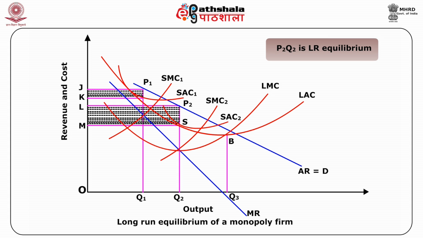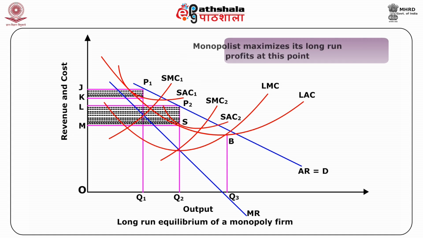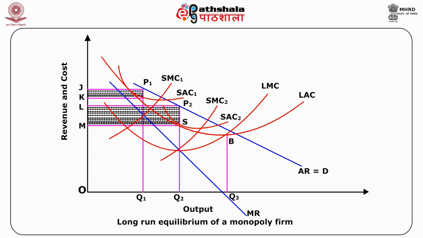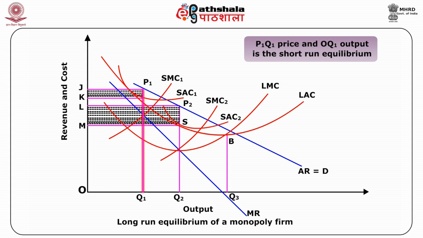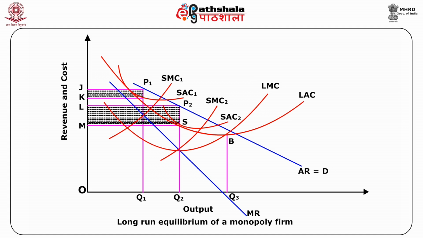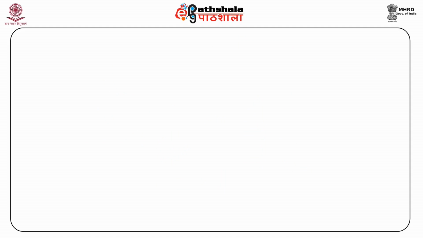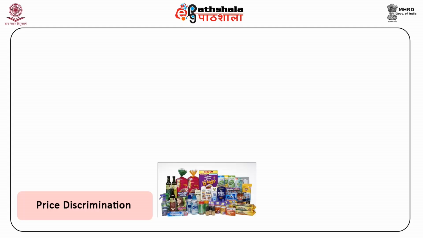P2Q2 is also the long-run equilibrium of the monopolistic firm, as the monopolist maximizes its long-run profits at this point. However, the total long-run profit is shown by the area LMSP2. Note that P1Q1 price and OQ1 output is the short-run equilibrium, where its short-run profit is shown by the smaller shaded area. We will move ahead and discuss price discrimination under monopoly.